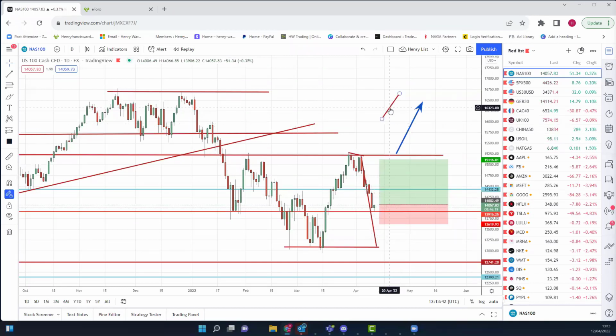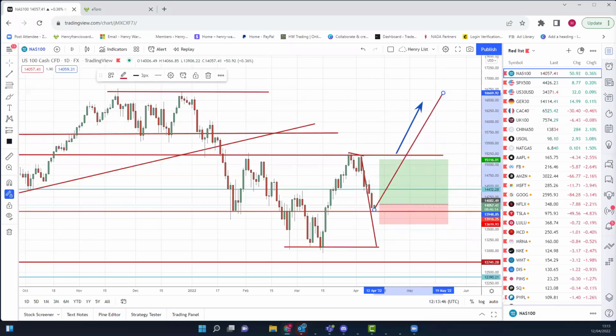Now, if you don't take this trade, I can guarantee this is what's going to happen, and you'll be like, damn you, Henry, look, I didn't take this trade. That's just the way trading goes. But if you expect it to bounce here instead of bouncing here, you do not take that trade. And that's the idea of it. It's about your trade selection.